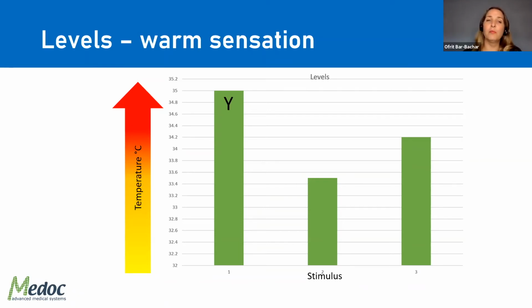Then the algorithm will look for a temperature that's between the baseline and the temperature that was felt, for instance, 33.5 degrees. And now we give this temperature. And then let's say we ask the patient, did you feel that, yes or no? And they say this time, no, I didn't feel that. Then the algorithm will look for a temperature that's between what we felt and what we didn't feel. And let's say this time they felt it. And you see that this way, the test is narrowing down.